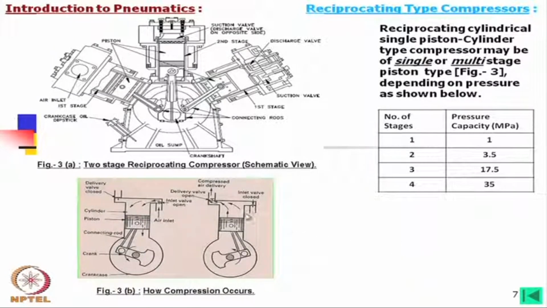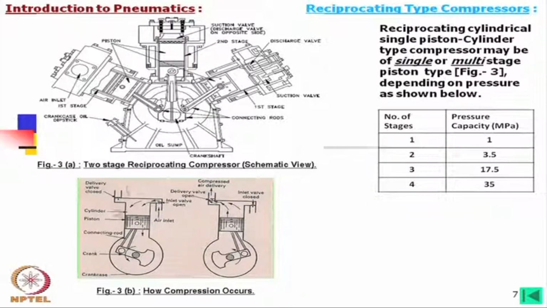Now if we look into this principle, you know it, but the basic principle is that while it is reciprocating, there will be one inlet and one delivery. Say it is rotating in this direction, so only the inlet port is open, and when it is rotating the other half, then it is being delivered.